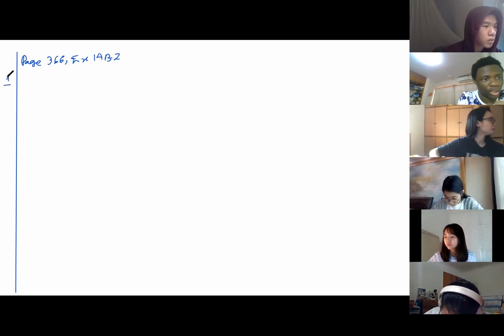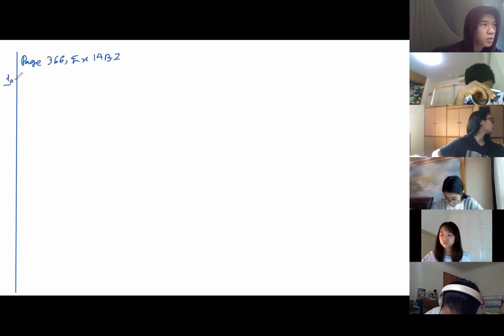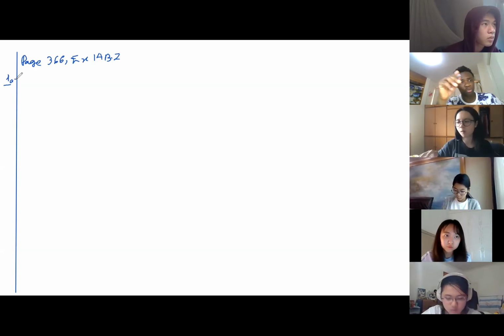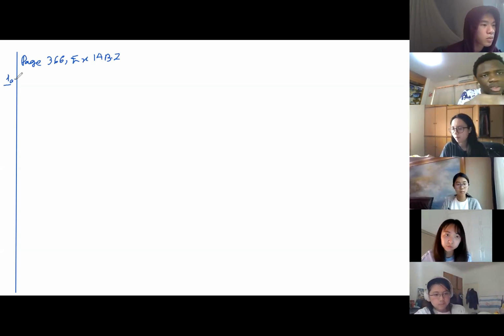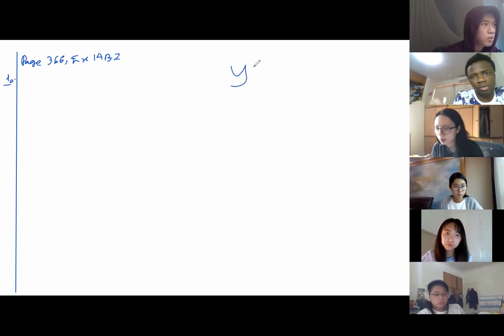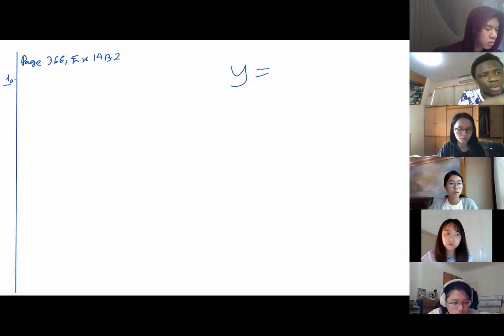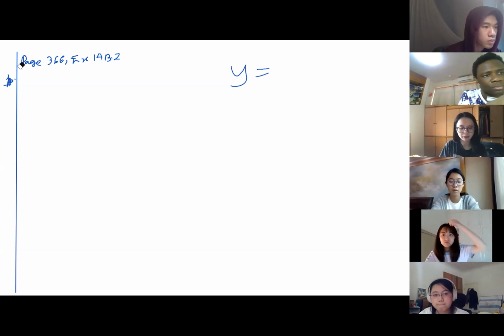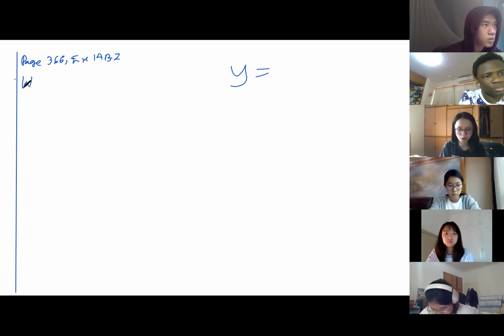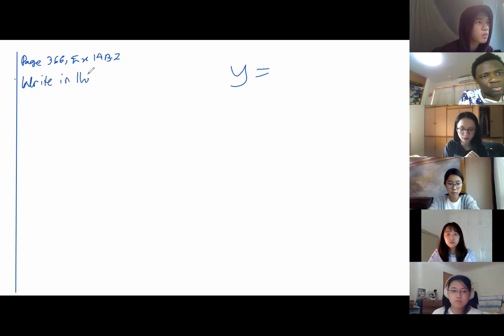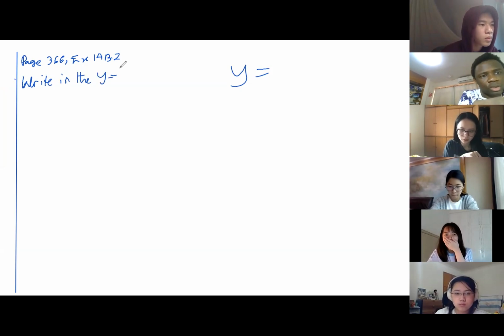So question 1A. The question says, write the quadratic in the form of, so I'm just going to say, this is the form, y equals, I'll write that somewhere. Okay, let's make that the heading. I won't write all the questions, I just want to take note of the important parts.